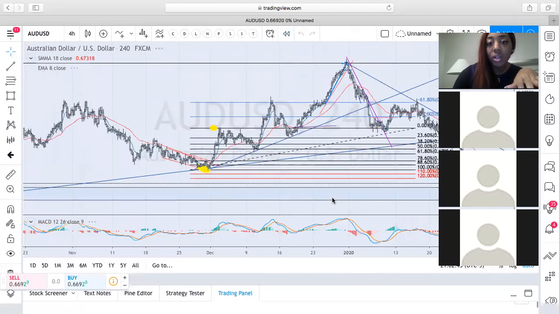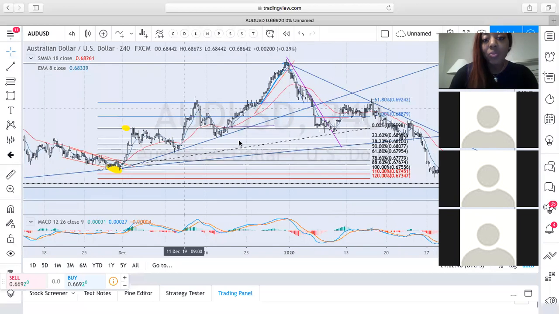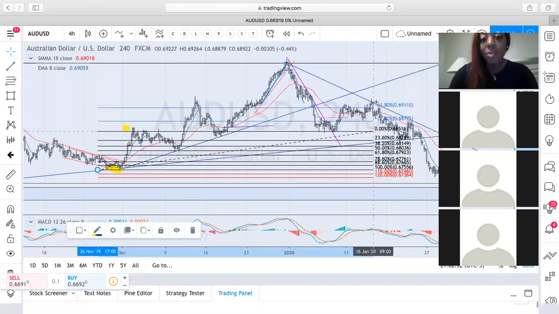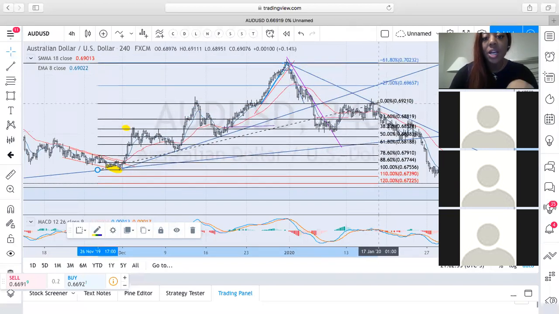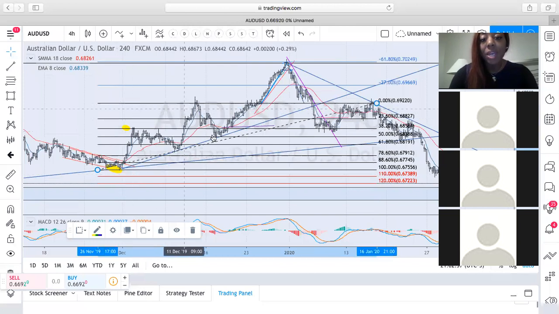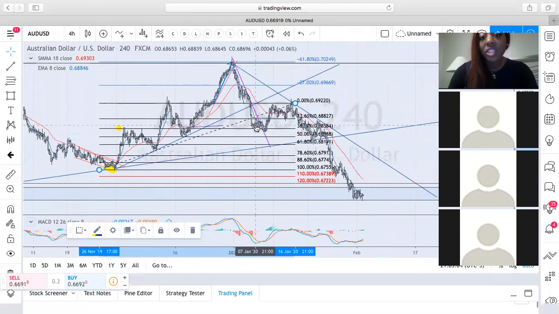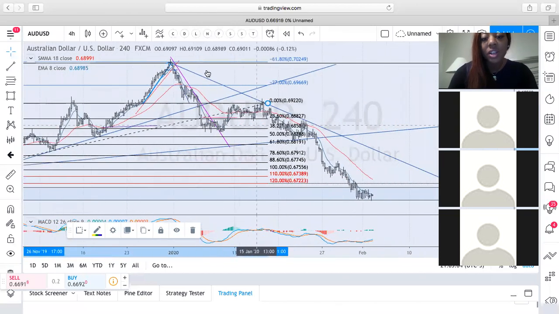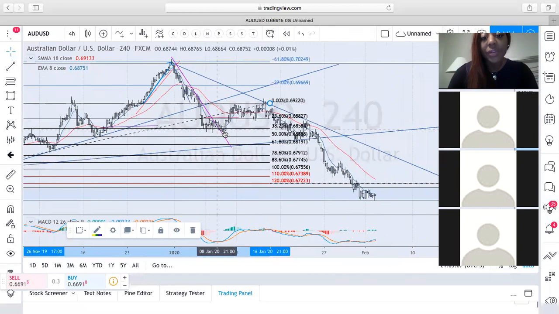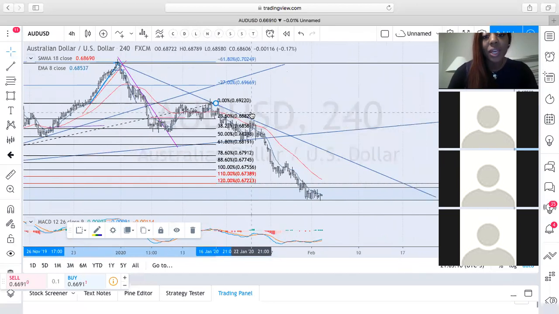Price came to this trend line, respected it perfectly, and bounced off. Now adjust the fib levels: point A, point B, retrace here, take profit level, smack. Change in trend, shift, break of a trend line here, retest, came up here.